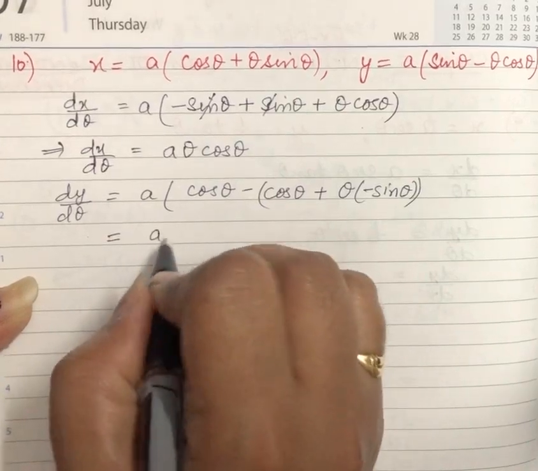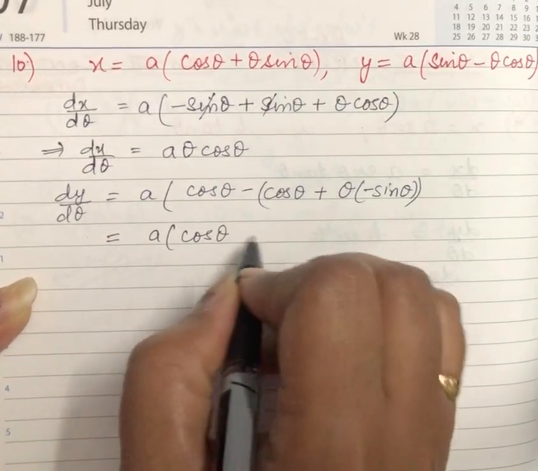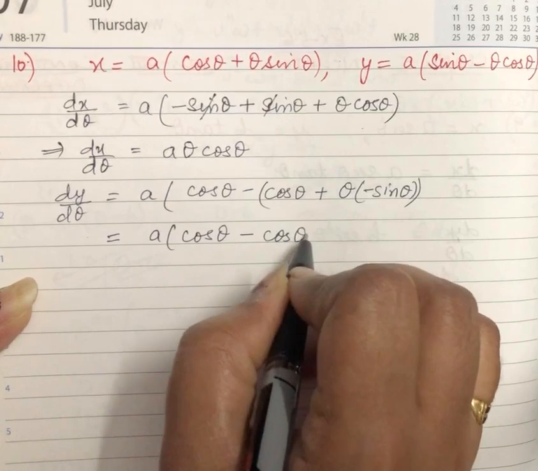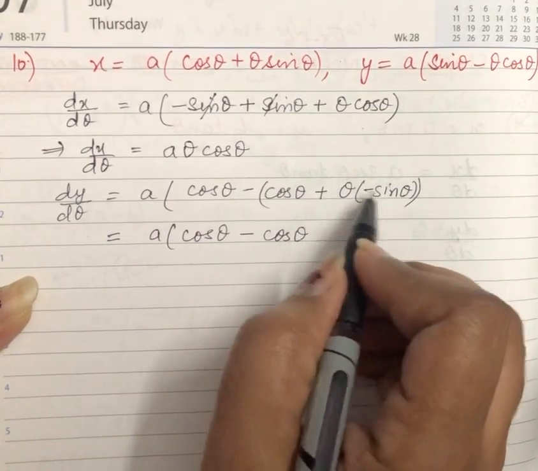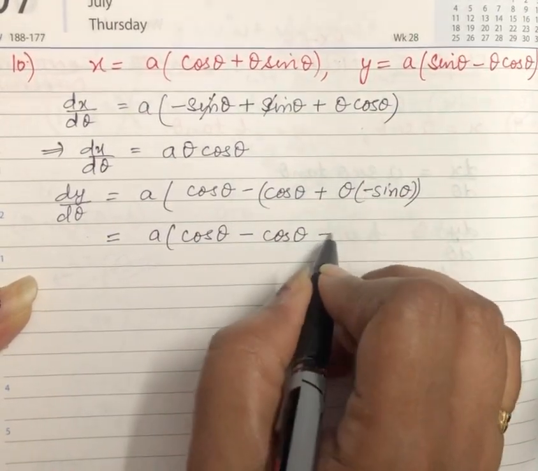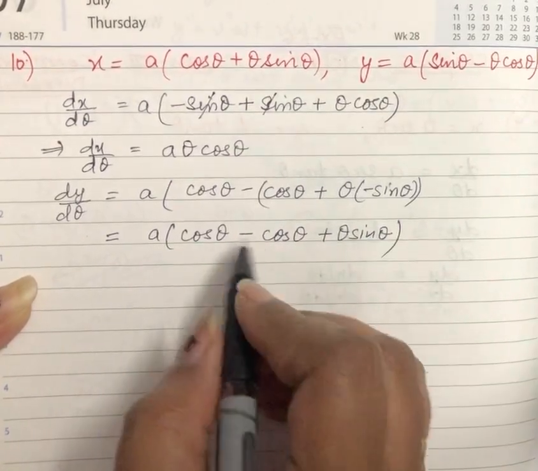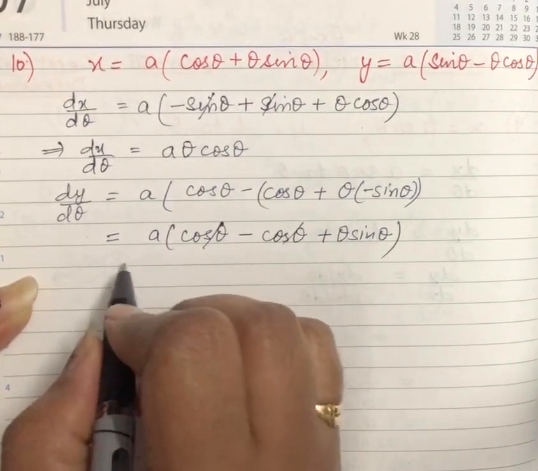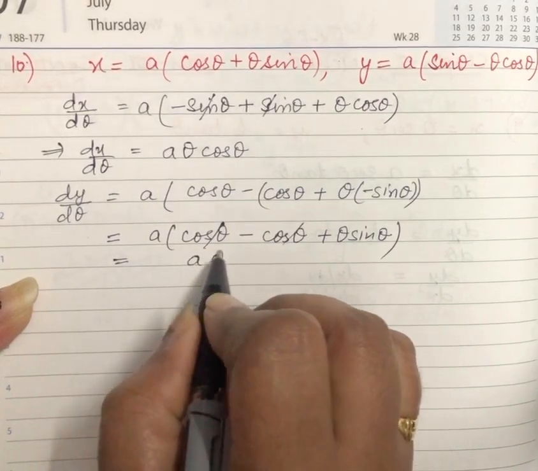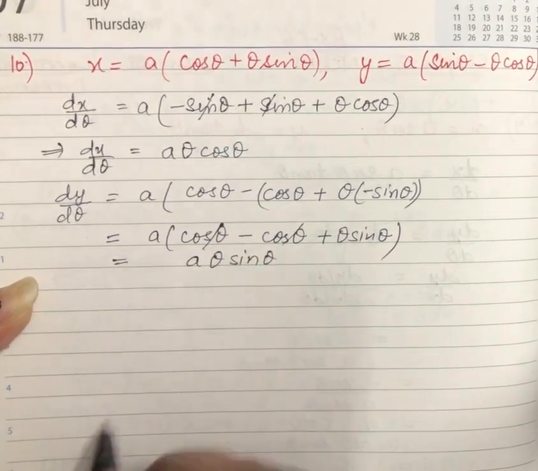So this can further be written as cos theta minus cos theta, and minus minus becomes plus theta sin theta. So here again this cancels out and we are left with a theta sin theta.